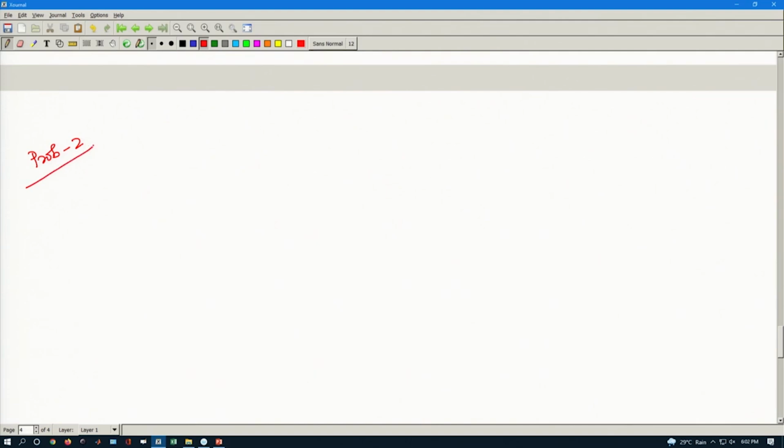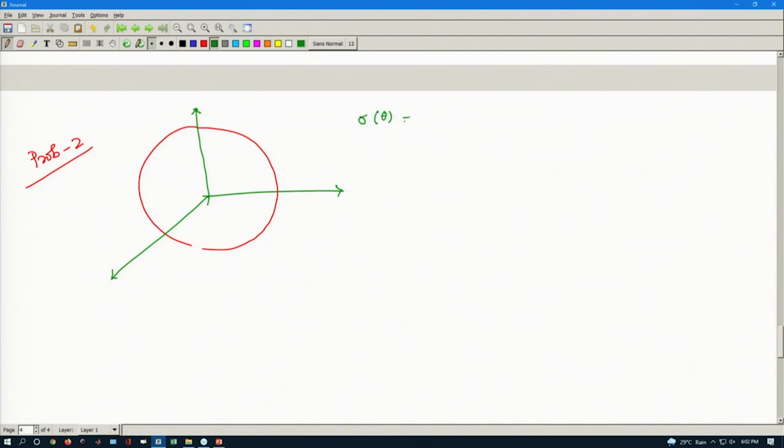In problem 2, I have a spherical cell, let us put a coordinate system here. And it has a charge distribution sigma, but that is a function of theta, and that is sigma 0 cos theta. This is the way the charge is distributed.